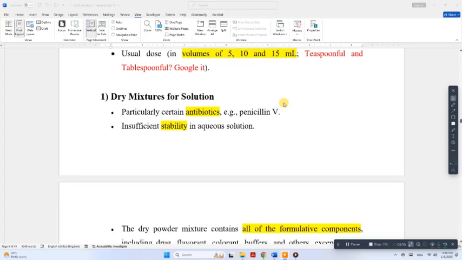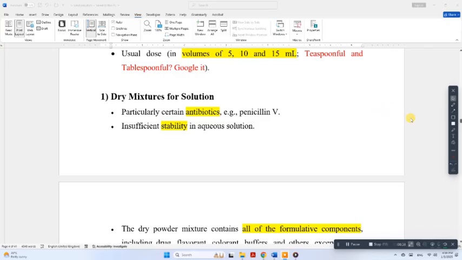Of course, we prefer not to use teaspoons or tablespoons. We prefer to use a calibrated container in order to measure these volumes. That's why, in many cases when you buy the solution bottle, what do you find? You find that the cap is calibrated, and this will allow you to measure a specific volume from this solution. Now, we will talk about the examples of oral solutions.